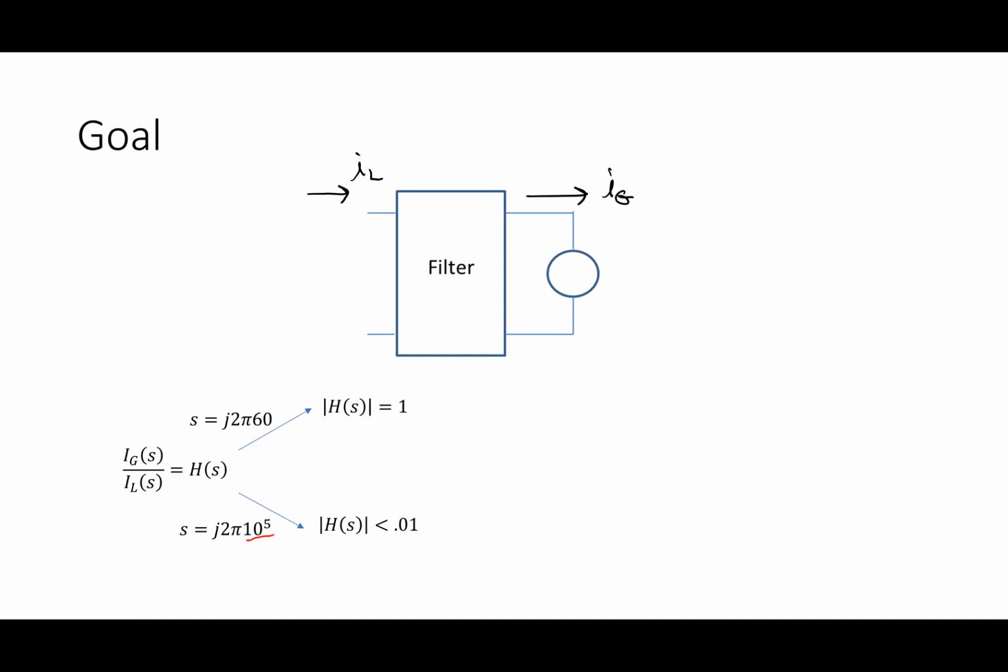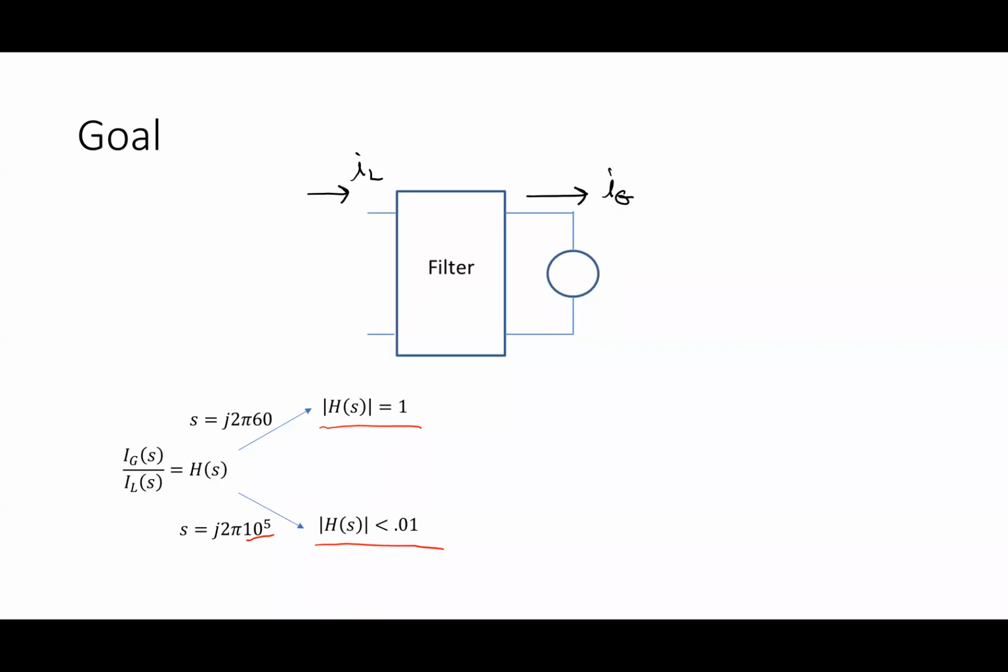What I have to do is design a filter that passes the low frequencies and attenuates the high frequencies. At 60 hertz, I want the magnitude of the transfer function to be 1.